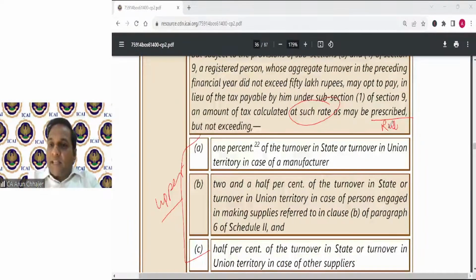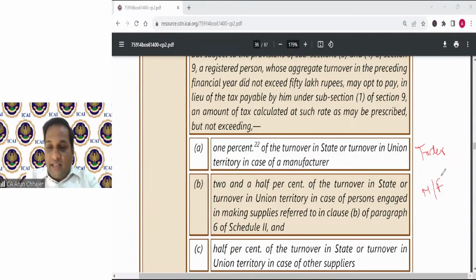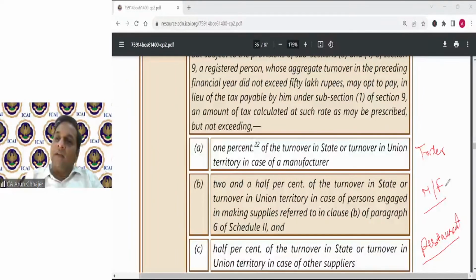The actual rate has been prescribed in Rule 7 of the CGST Rules, but you tell me, what is the tax rate on a trader of goods? What is the tax rate on a manufacturer of goods? What is the tax rate on a restaurant? If I have opted for the composition scheme, then what could be the tax rate if I am a trader of goods?